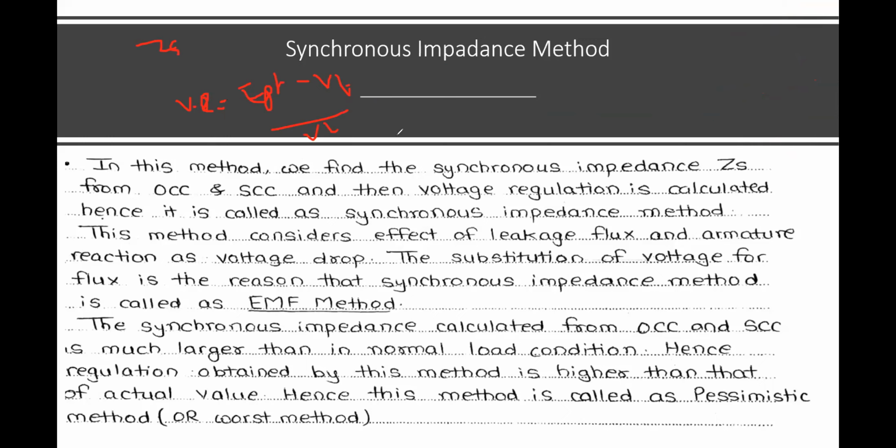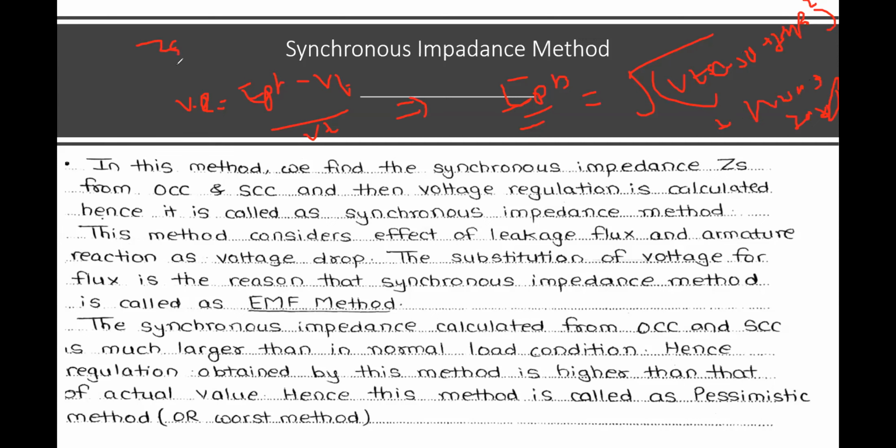If I want to calculate EPH, just remember the formula which is present for cylindrical rotor machines, that is EPH equals the square root of (VT cos phi plus IA RA) whole square plus (VT sin phi plus IA XS) whole square. So this is the way we can calculate EPH.